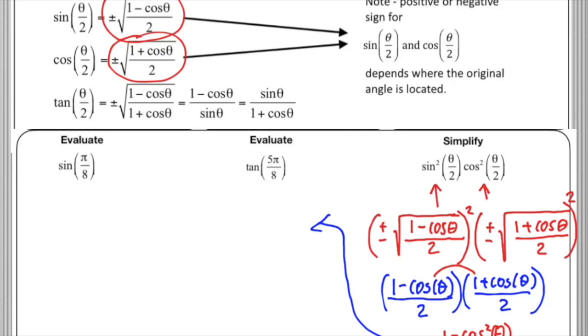And so 1 minus cosine squared theta, again from the Pythagorean identity that we see a gazillion times, it seems like, sine squared theta equals 1 minus cosine squared theta. So I'm going to substitute in the sine squared theta. And there we go, divided by 4. And it looks like that's about as far down as we can take it.